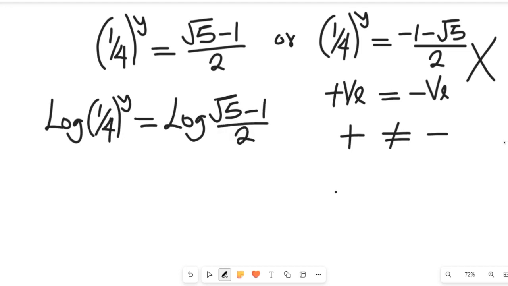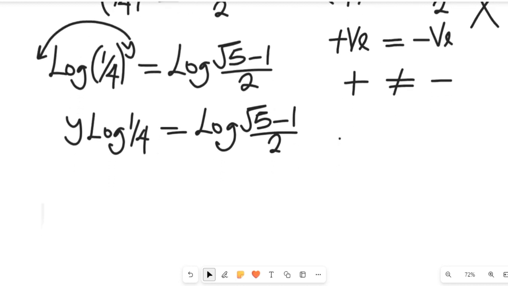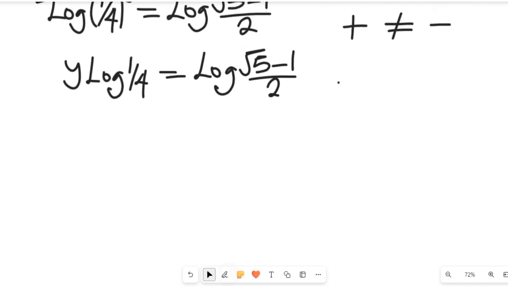According to the law of logarithm, the power will come to multiply that logarithm. So we'll have y multiplied by the log of 1 divided by 4, and this will be equal to the log of (square root of 5 minus 1) divided by 2. From this expression, we are going to divide both sides by the log of 1 divided by 4.